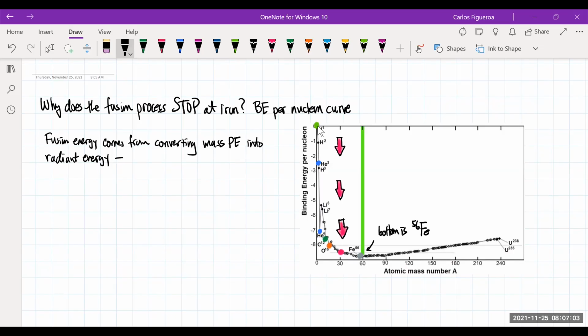So that means every time there is fusion, energy is released. And that's a really key point, because what we find here is that if I go from hydrogen 1 to helium 3, there's energy released.